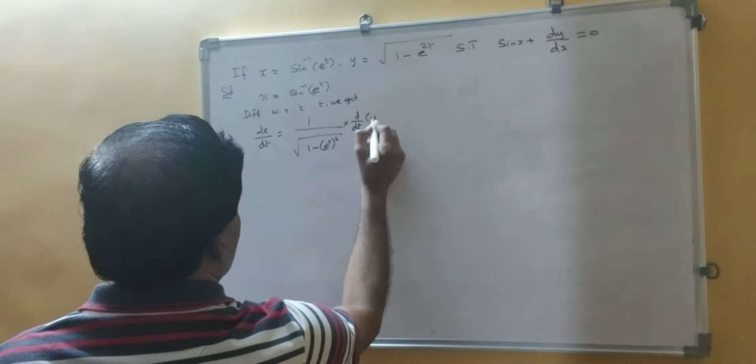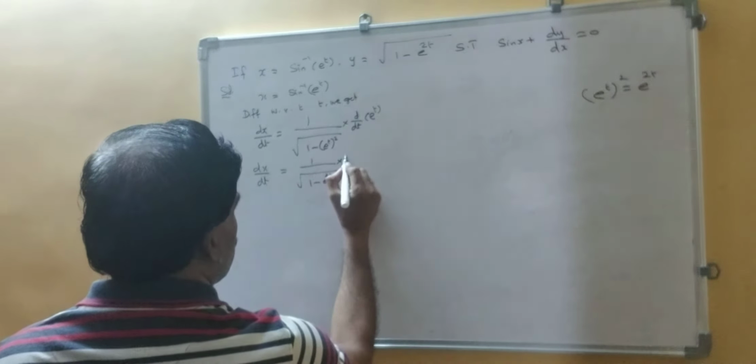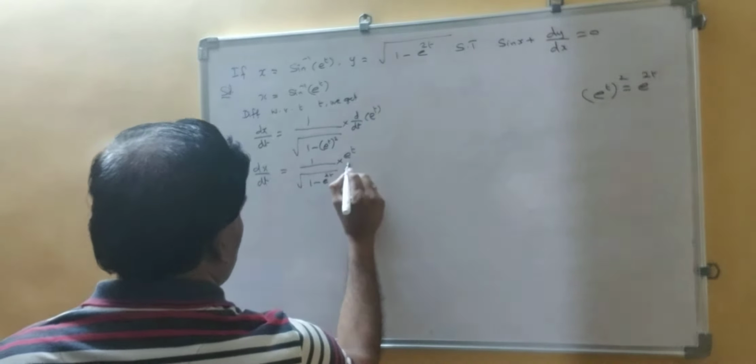So dx by dt equal to 1 upon square root of 1 minus e raised to t the whole square, which means e raised to 2t, into, what is the derivative of e raised to t? e raised to t. So it is equal to e raised to t upon square root of 1 minus e raised to 2t. Okay.